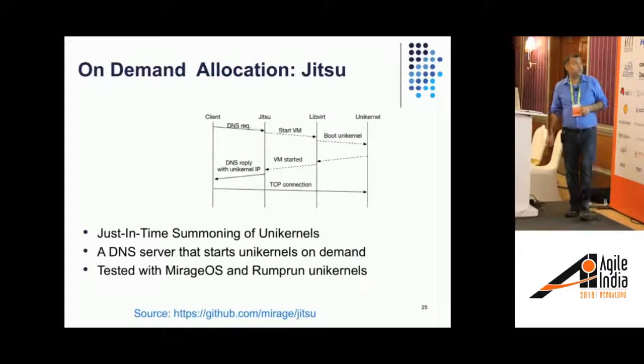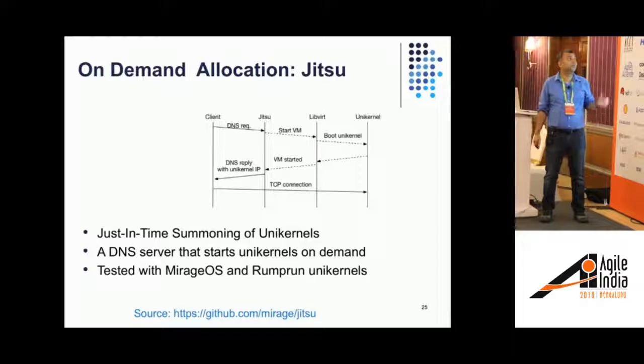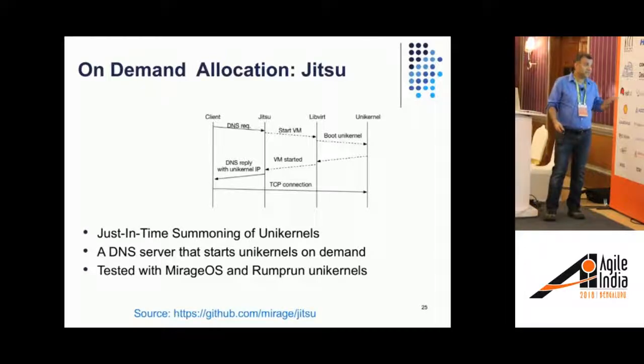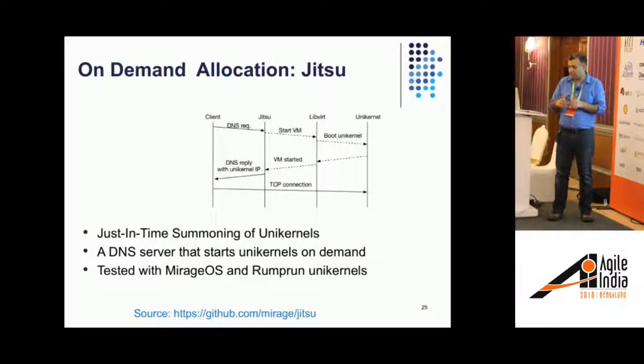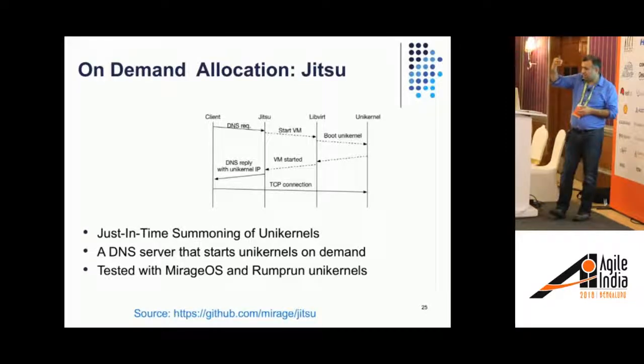Okay, so we talked about on-demand applications. Well, there's a project called Jitsu, and what it does is just-in-time summoning of unikernels. So as I have a request, I can just boot up a unikernel, process that request, and there are all sorts of different configurations. I can keep it alive, but if I see that the request load is going down and I don't really need that many instances of the kernel, I can shut them down. You could do the same thing in a traditional environment.